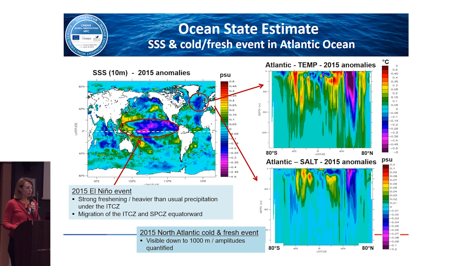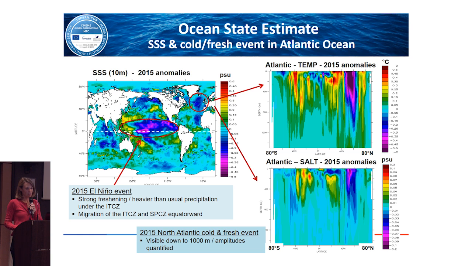Also, during an ENSO event, the intertropical convergence zone and the South Pacific convergence zone are known to move equatorward. This is why we have a salinity higher than the mean also around this structure. We can also see a quite strong negative salt anomaly for the North Atlantic Ocean.